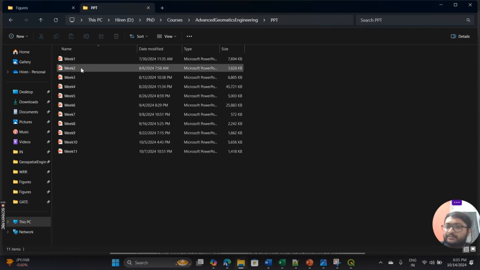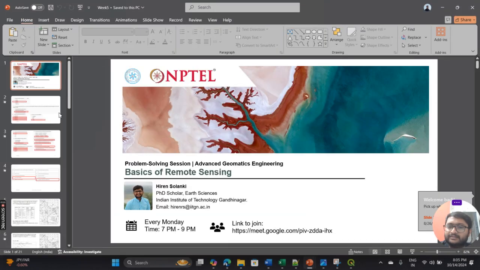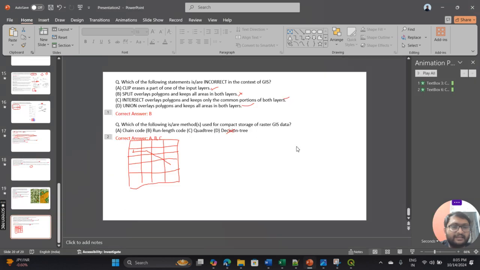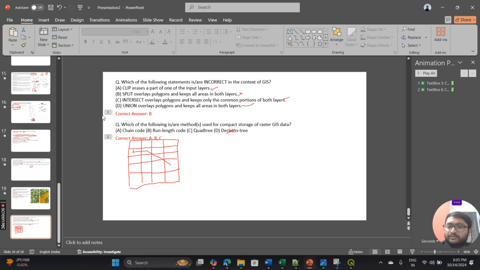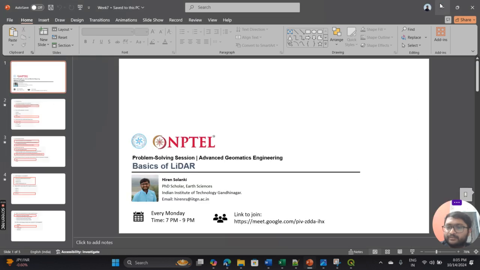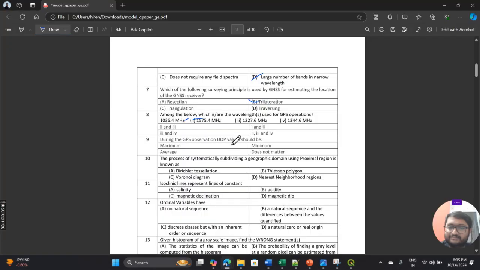This 1575 is the L1 frequency, and the third one is the L2 frequency. So this is a numerical question: if you know the exact numbers, you can identify it.